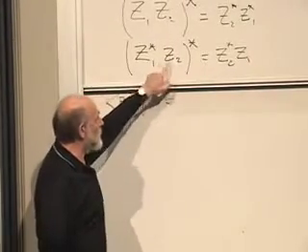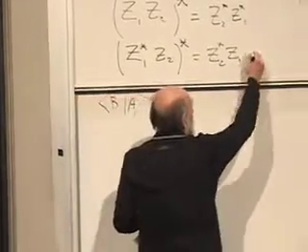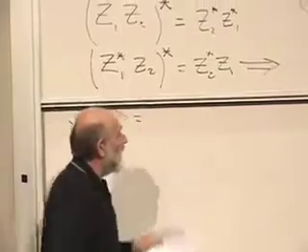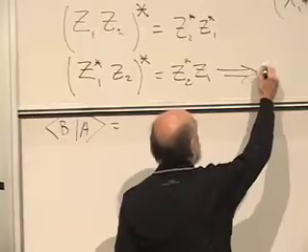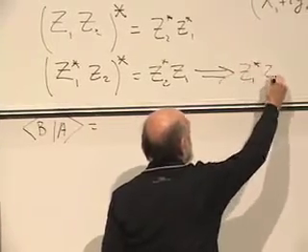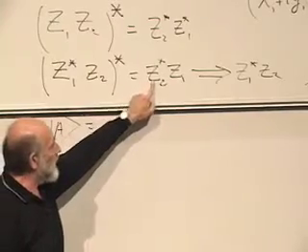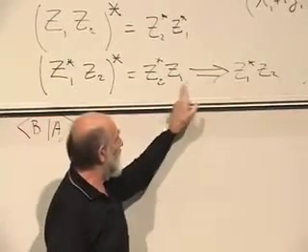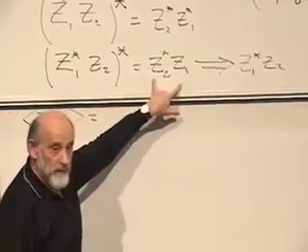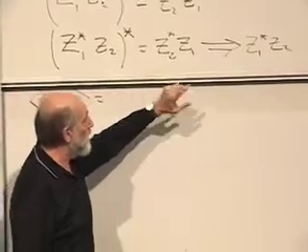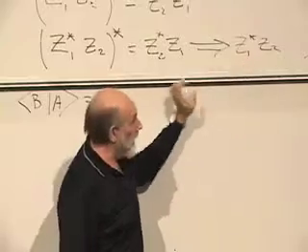The interchange operation will turn this into z1 star z2, replacing z2 by z1 and z1 by z2. But this is just the complex conjugate of this.